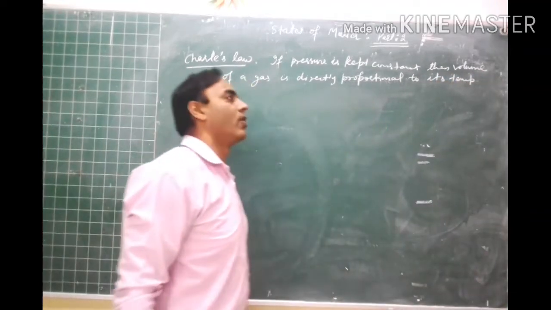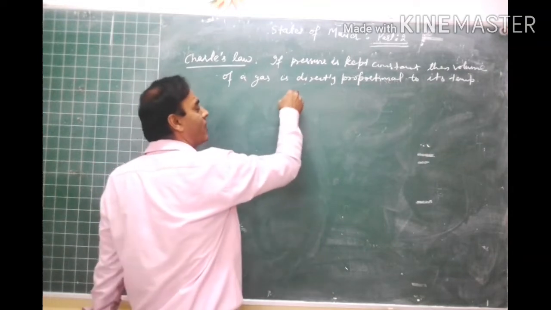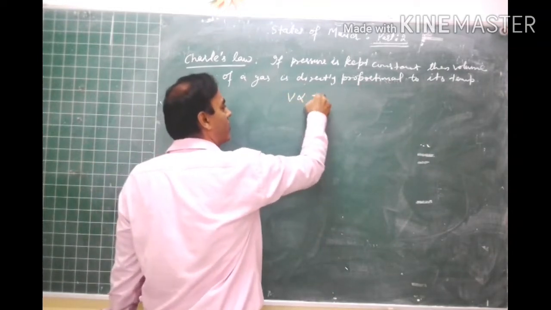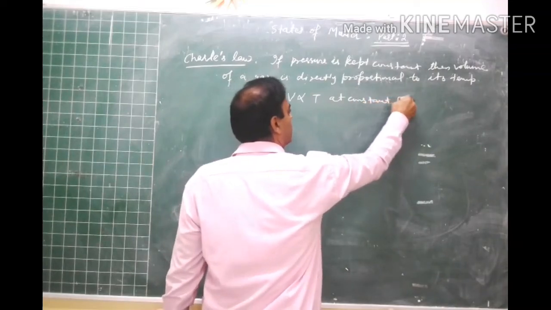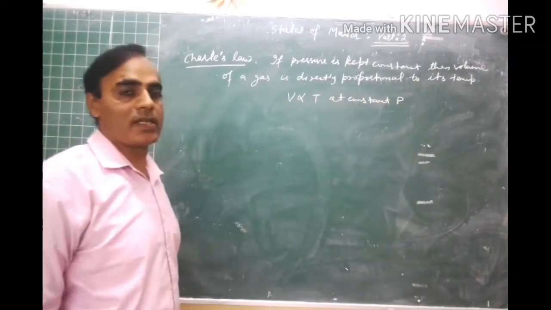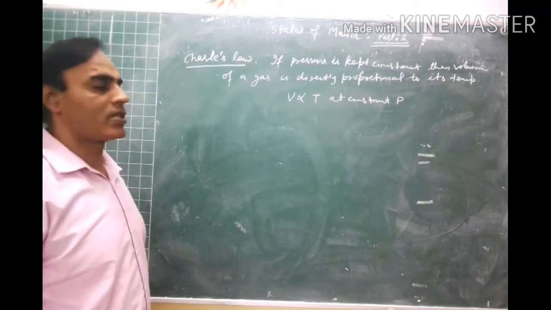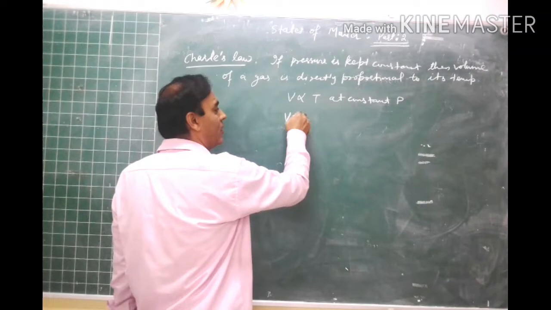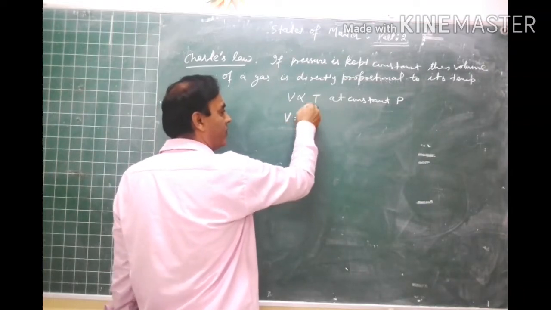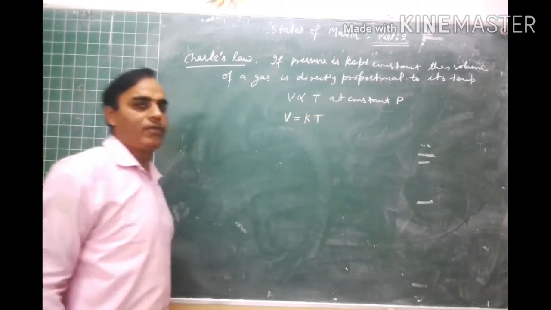So we can write mathematically V directly proportional to T at constant pressure. V means volume of gas, T is temperature of gas, and P is pressure of the gas. If you remove this proportionality sign, then we can write K.